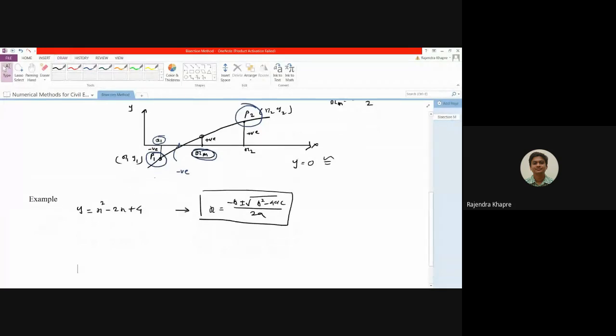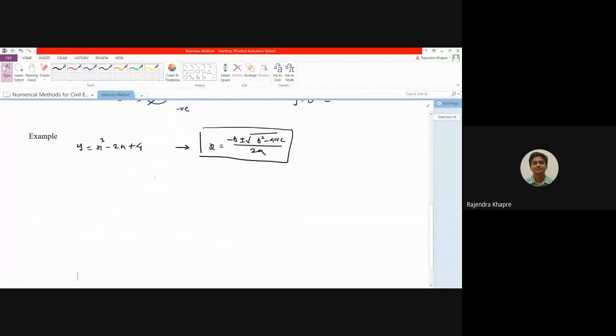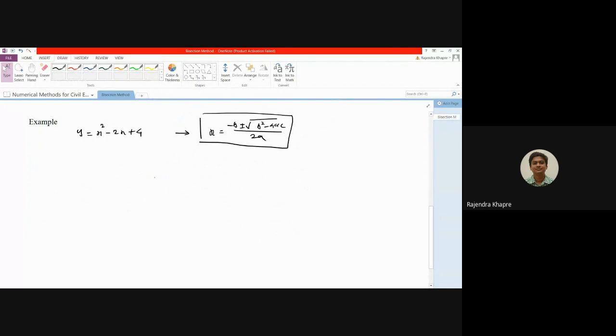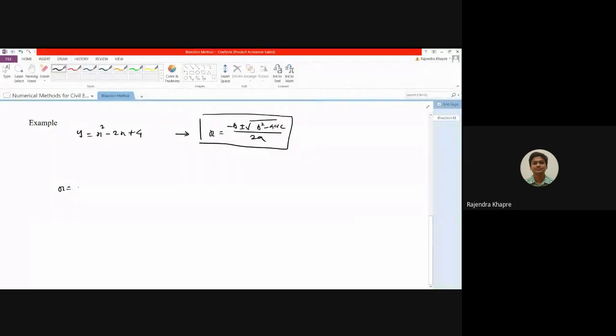So we have to first go for trial and error, and then only we can know what the possible roots are. So let us try to find out the values. Let me choose x equals 0.